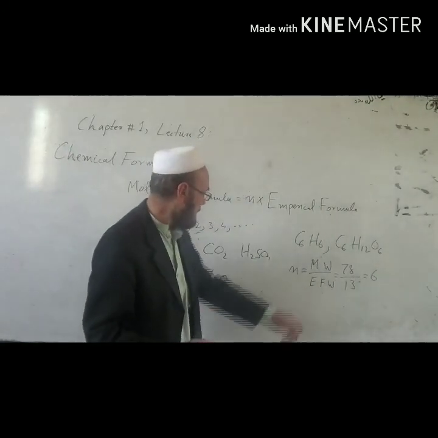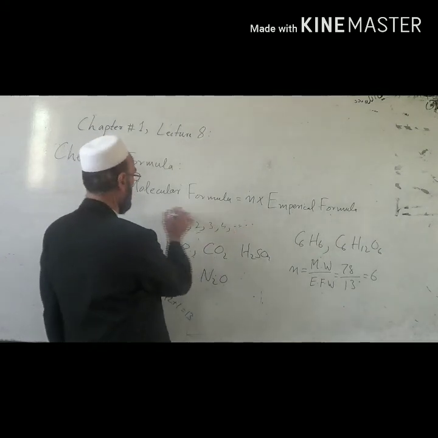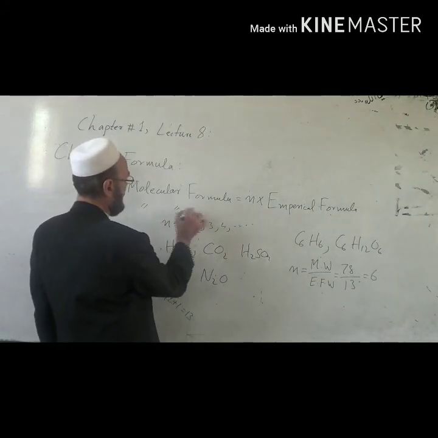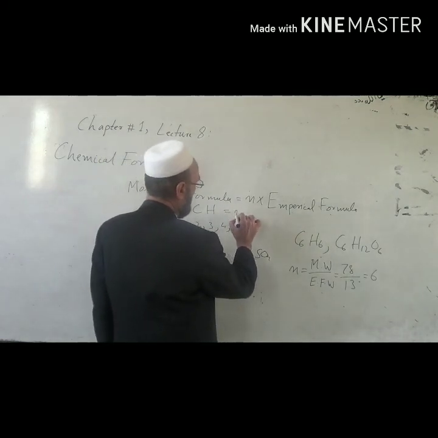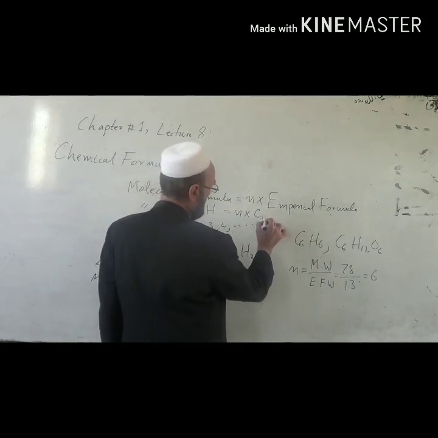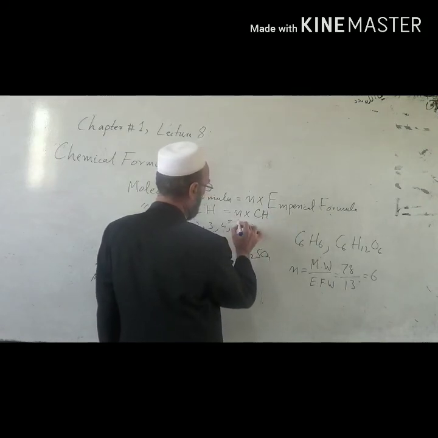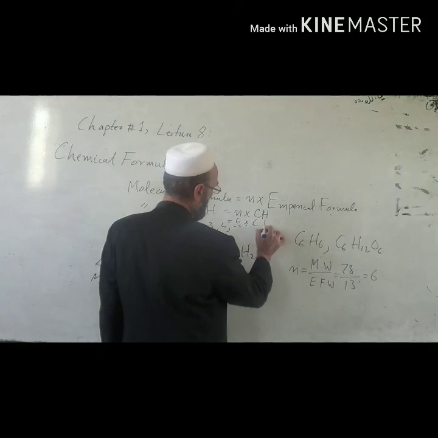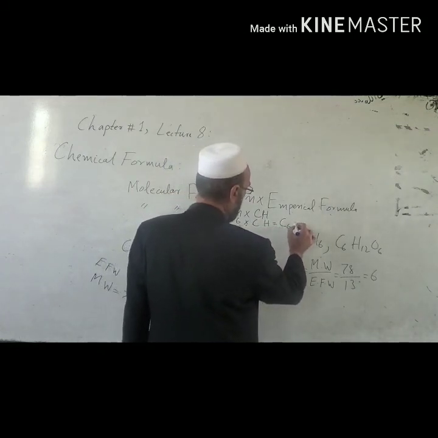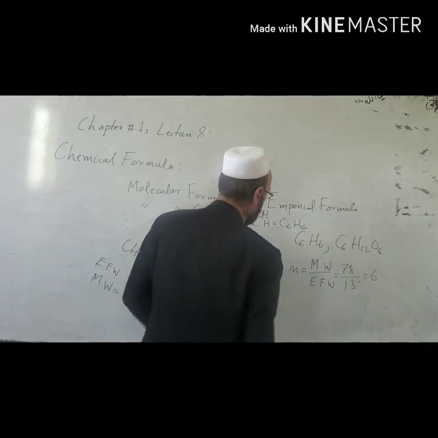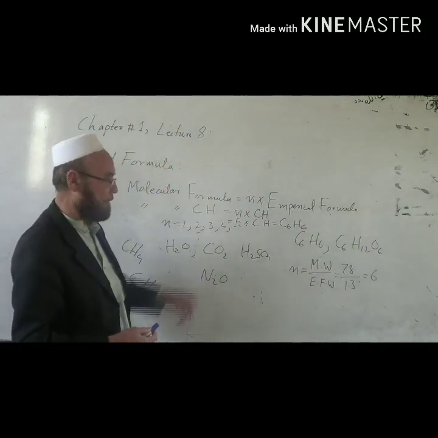So n becomes 6. Then we can use this formula: molecular formula of CH is equal to n into CH, which is 6 into CH, equal to C6H6, which is the molecular formula of CH.